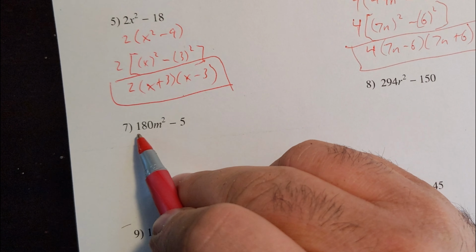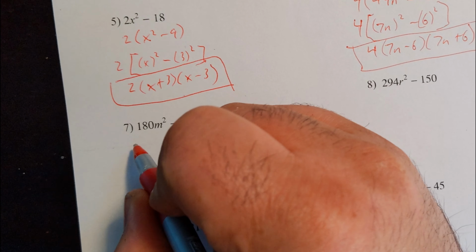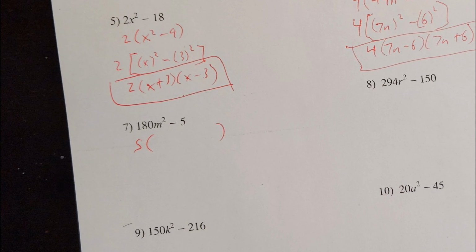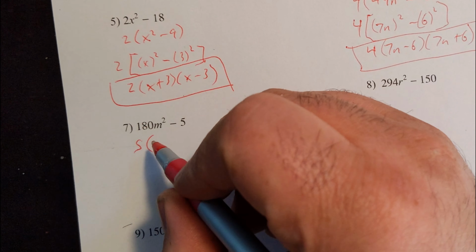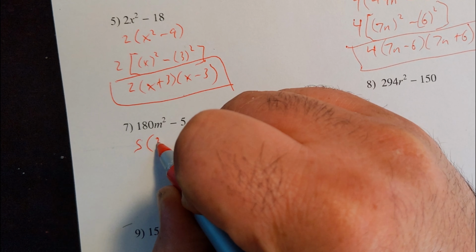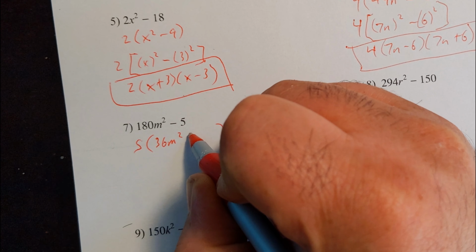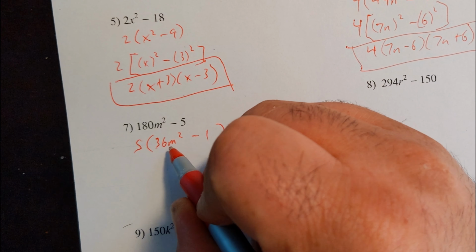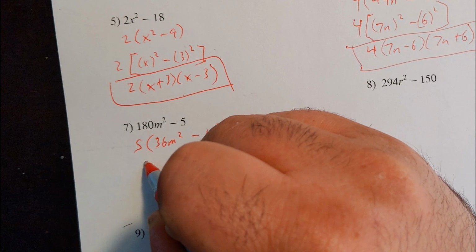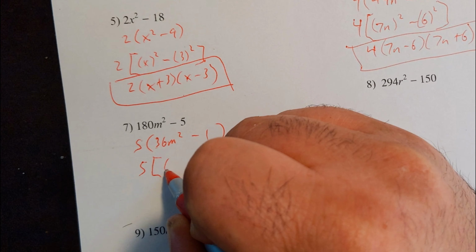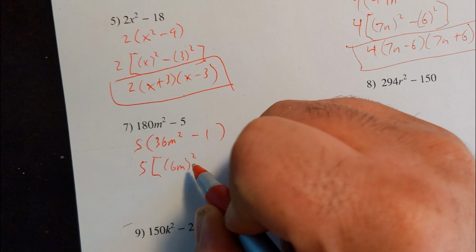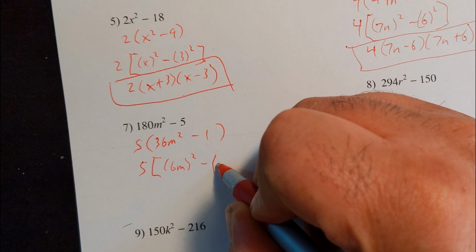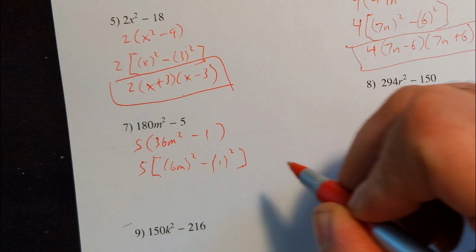Number 7, 180 and 5 can both be divided by 5. 180 divided by 5 is 36, and 5 divided by 5 is 1. 36 is going to be 6m being squared, and over here the 1 is going to be 1 being squared.